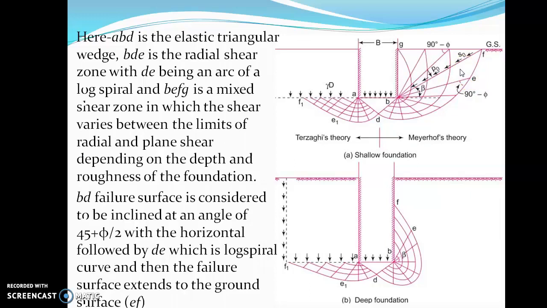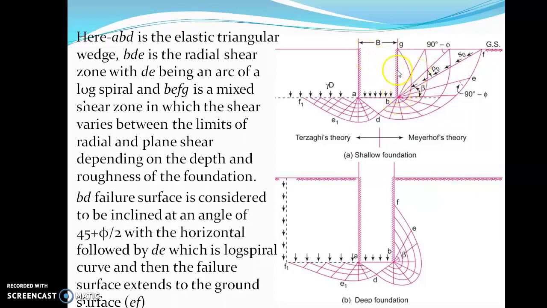So DE is an arc of a logarithmic spiral, and BEFG is a mixed shear zone in which the shear varies between limits of radial and plane shear depending on the depth and roughness of the foundation.